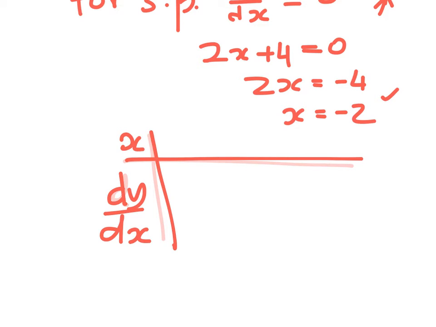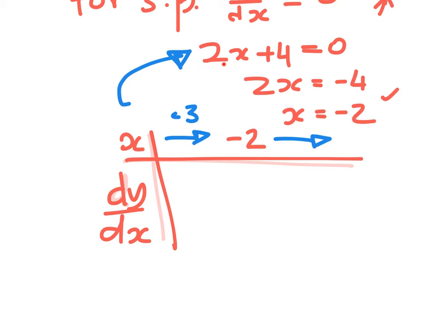The top line contains your x numbers. Now the x number we found was negative 2. So put that in the middle, and then what we're going to do is investigate what happens before negative 2 and what happens after negative 2. So pick a number before negative 2, like negative 3, and then plug that back into your dy by dx formula.